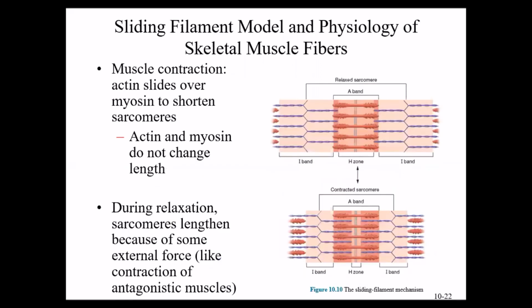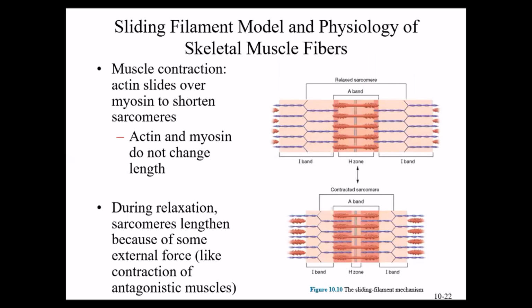Now, if we put all of these terminologies and all these different proteins together, researchers and scientists have come up with what's called the sliding filament model that tries to explain how your sarcomeres are shortening, and that's creating a muscle contraction.